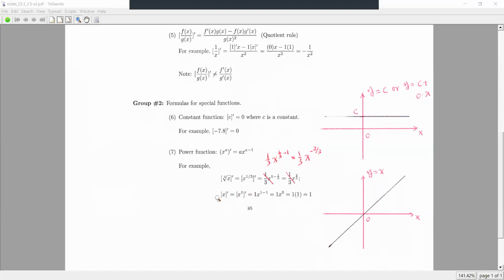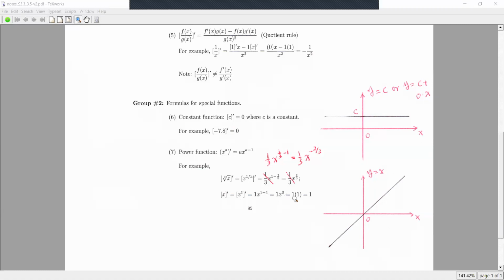Derivative of x, we can view x as a power function, x to 1. Then by this formula, this derivative is 1 times x to 1 minus 1, which is x to 0.